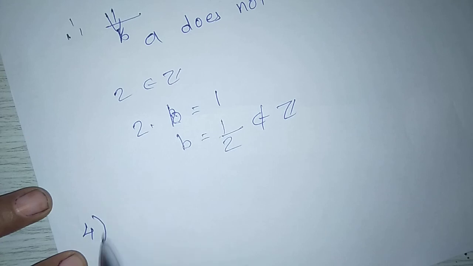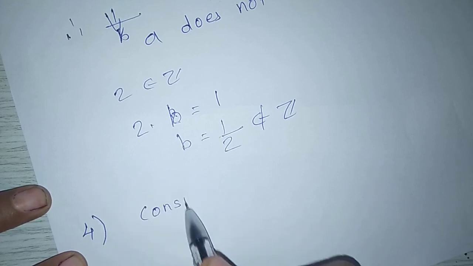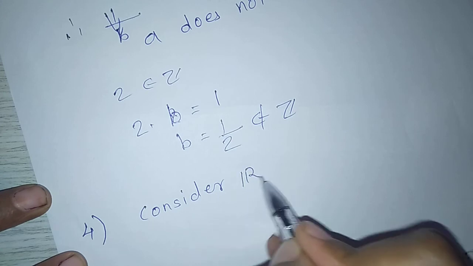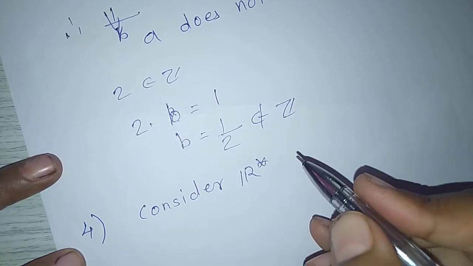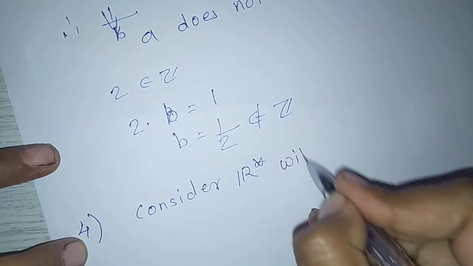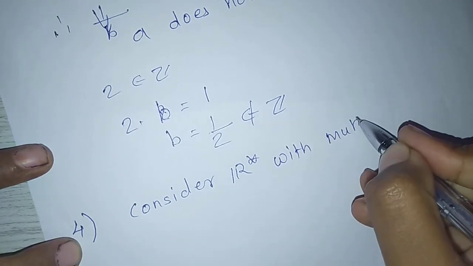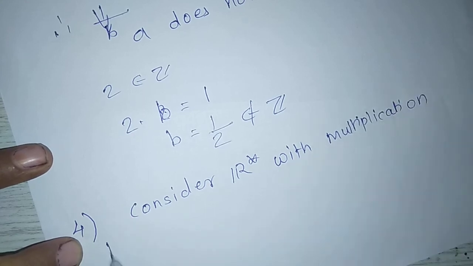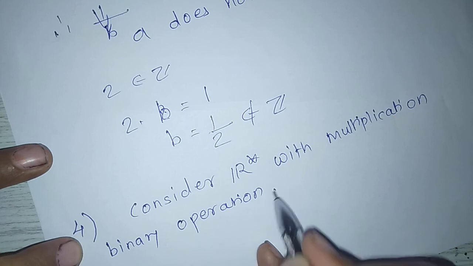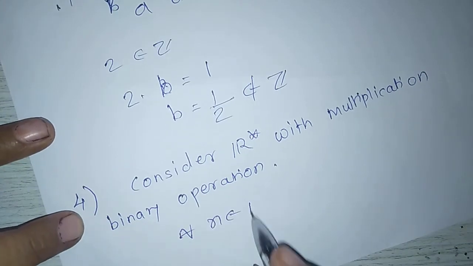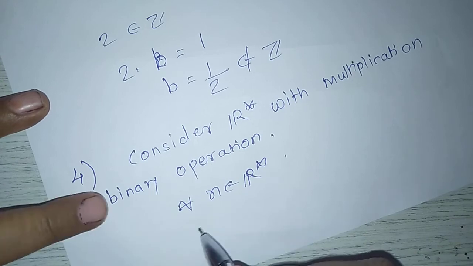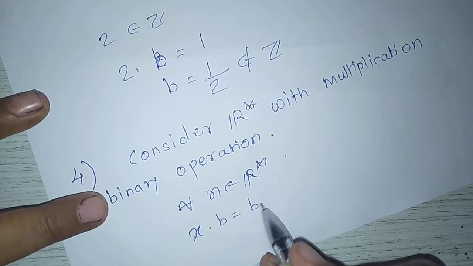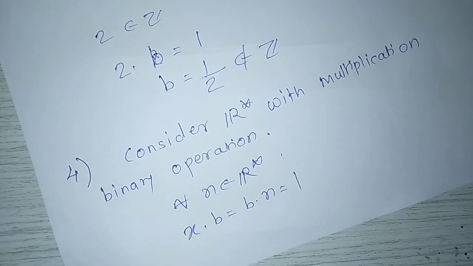Next example, consider R star with multiplication as the binary operation. Then for every x belongs to R star, x into b equal to b into x equal to 1, where 1 is the identity element of R star with respect to multiplication.